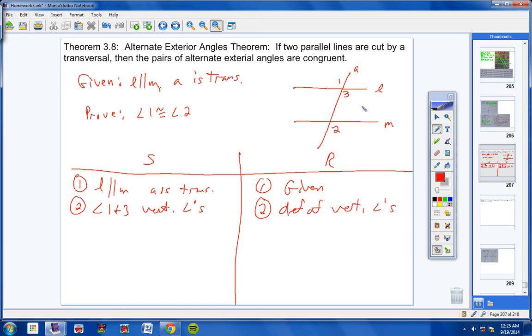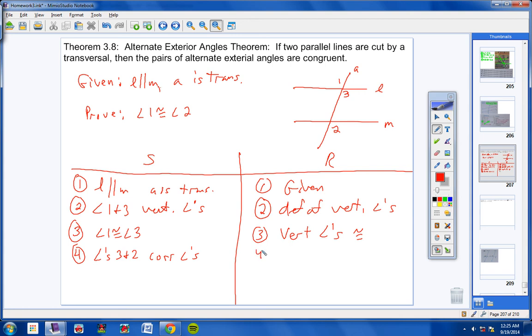Now, after I've stated that, I can definitely state that angle 1 is congruent to angle 3. Now, why can I state that? Because vertical angles are congruent. Now, next, I'm going to state that angles 3 and 2 are corresponding angles.